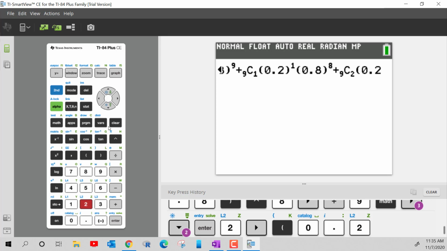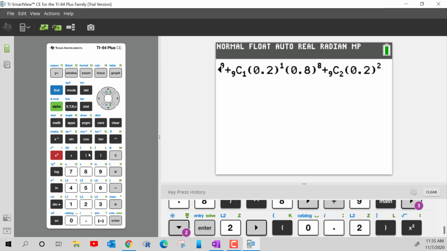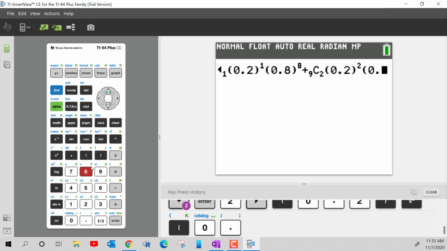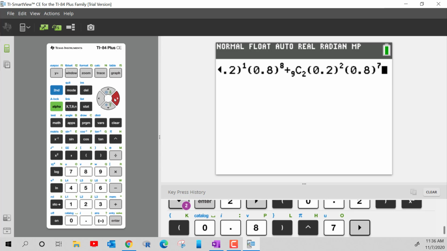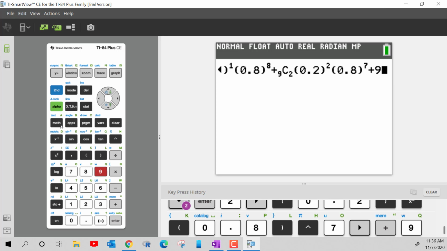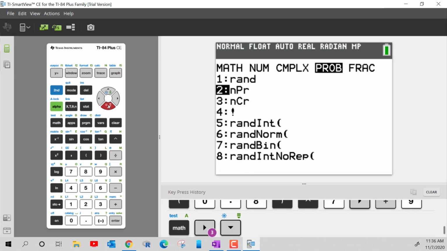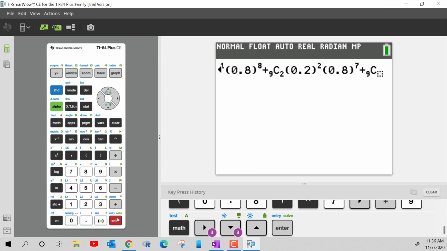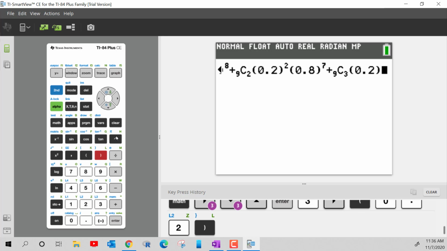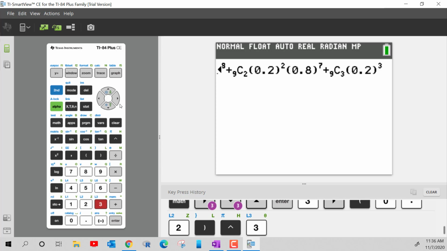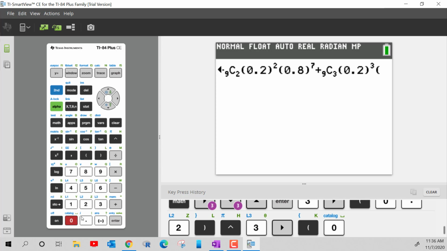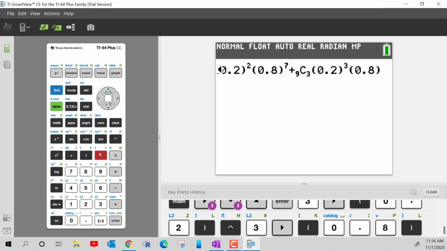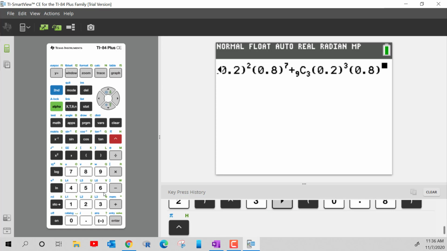times 0.2 quantity squared times 0.8 to the 7th power. Then lastly, probability of getting 3 successes, plus 9 choose 3, which would be 0.2 raised to the third power times 0.8, probability of failure, raised to the sixth power.